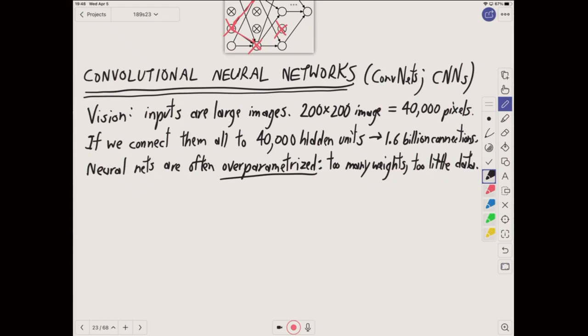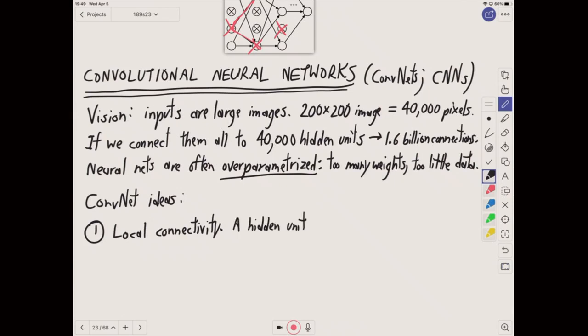Let's apply these two ideas, these two properties, to neural network design. The main driving ideas in convolutional neural networks are, first of all, local connectivity, which means a hidden unit, and I have to be careful here, really a hidden unit in the early layers.